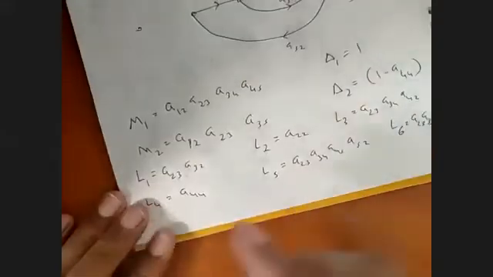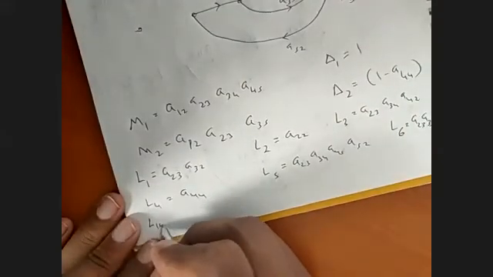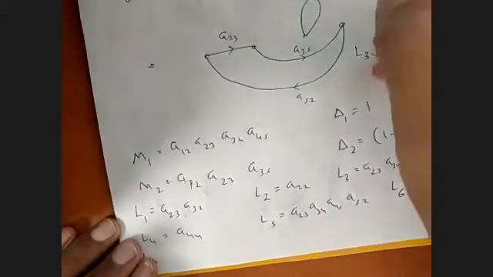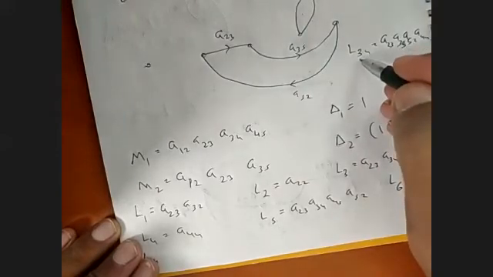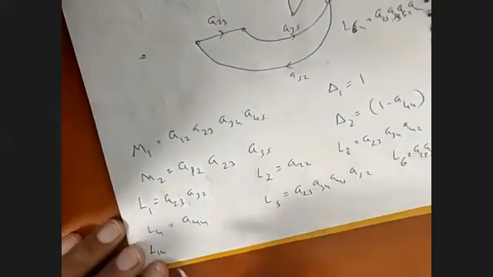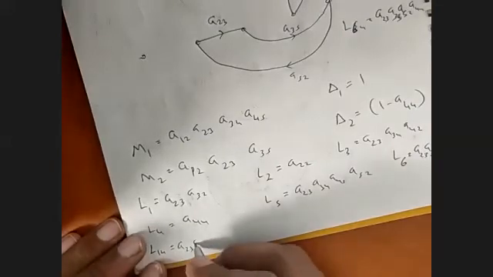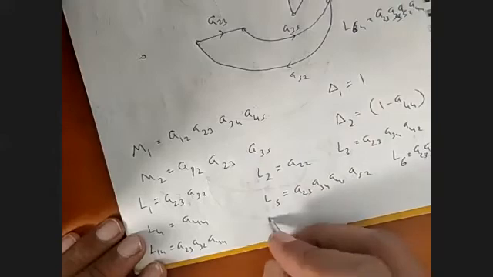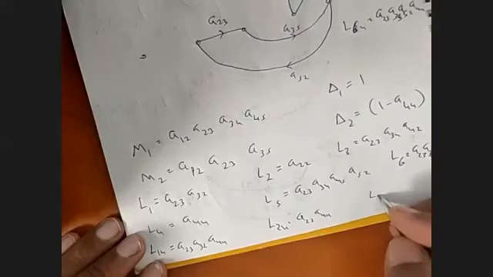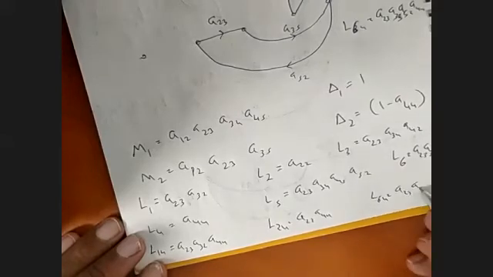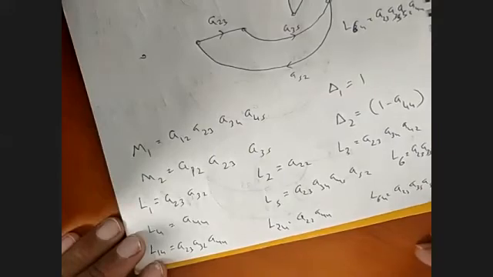Then I have loop pairs: L14, then L24, and then L64. L14 is A23, A32, A44. L24 is A22, A44. And L64 is A23, A35, A52 and A44. So these are all the terms which I have to identify for finding the Mason's gain formula.